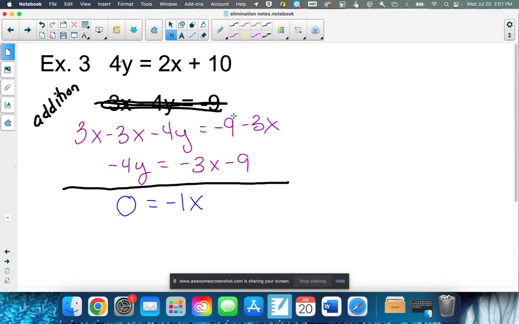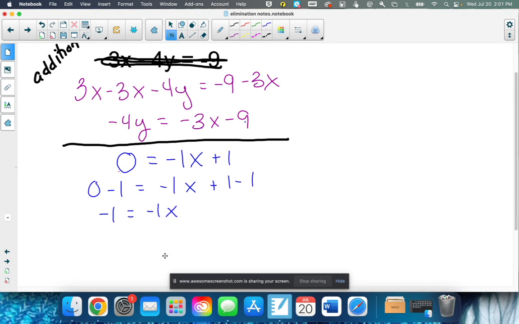And then I have 10 and -9 that I'm adding, and that's a 1. So I need to finish this equation. It's not done. I have to actually get x by itself. So I'm going to subtract 1 from both sides to get rid of the 1 over here. So I have -1 is equal to -1x. And then I'm going to divide both sides by -1. And I'm going to get 1 equals x, or x equals 1.